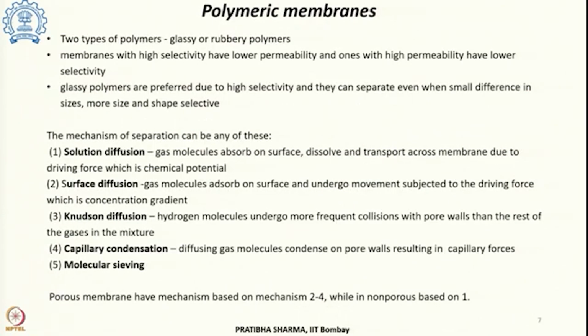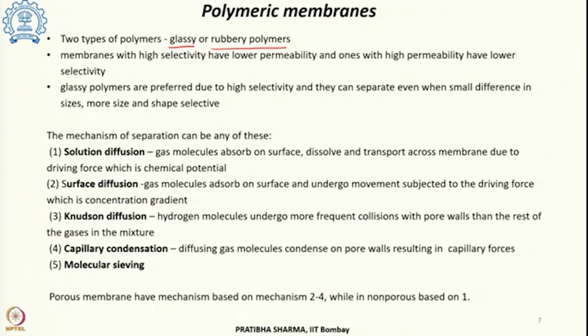Now other than metallic membranes there are polymeric membranes which can be used. There are two different types of polymers, either a glassy polymer or a rubbery polymer. Now the glassy polymers have high selectivity but a lower flux, while the rubbery polymers have a high flux and low selectivity.